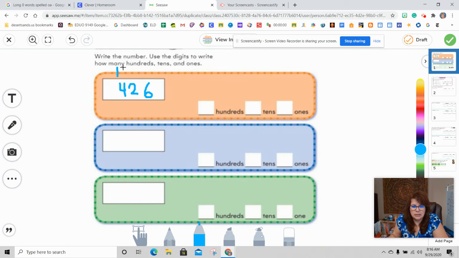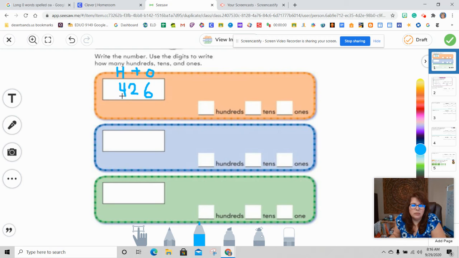Remember, HTO is our friendly place value indicator. Okay, so now we need to find out how many from this number are hundreds, how many are tens, and how many are ones. Well, the HTO helps you organize and clarify what digit is in each place value.